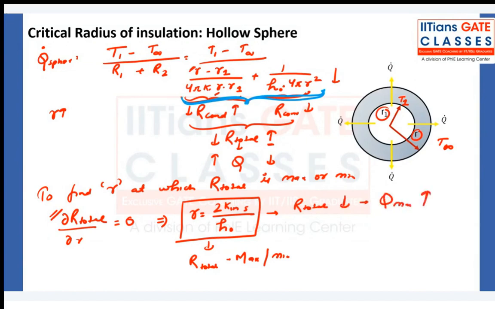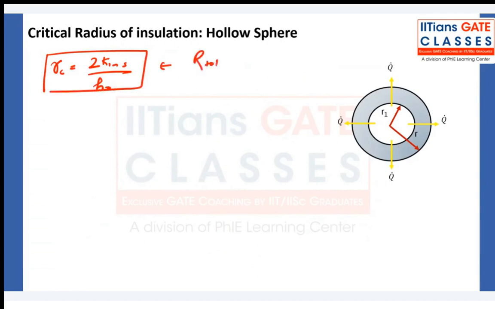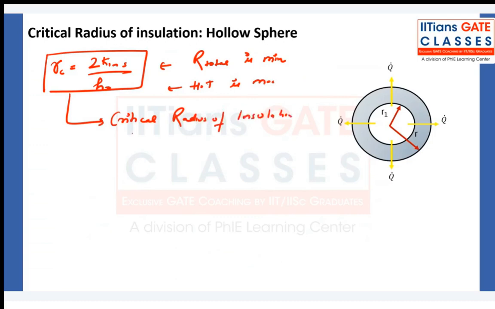So can I say that at this radius, critical radius, 2K of insulation upon outside heat transfer coefficient, R total is minimum and heat transfer is maximum. So this is your critical radius of insulation for a sphere. Okay, is it clear?